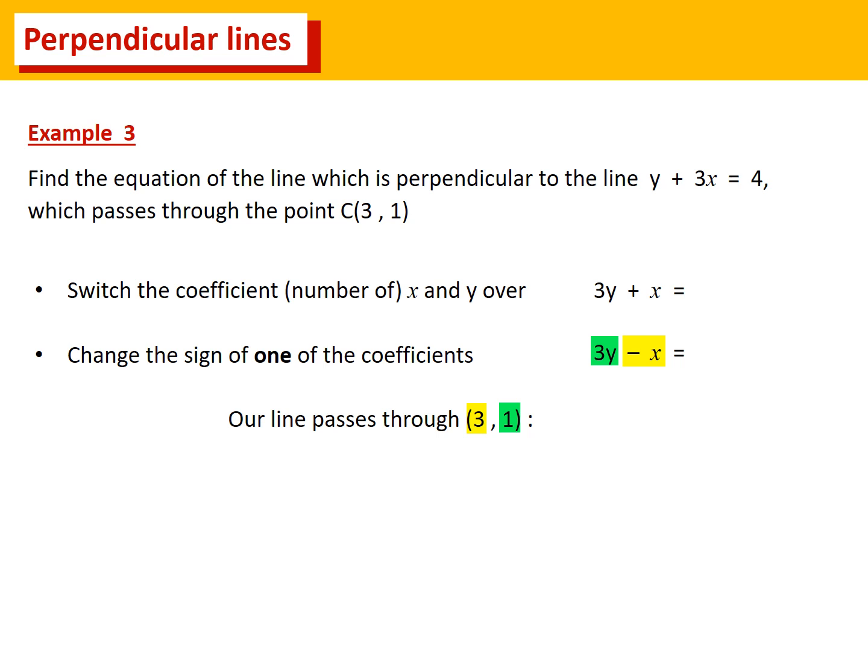Substitute those in, so 3y becomes 3 times 1. Subtract x now becomes subtract 3. And what do I end up with? I end up with 3 subtract 3. What must this be on the right hand side to make the equation true? It must be 0. And therefore, my equation is simply 3y subtract x equals 0.